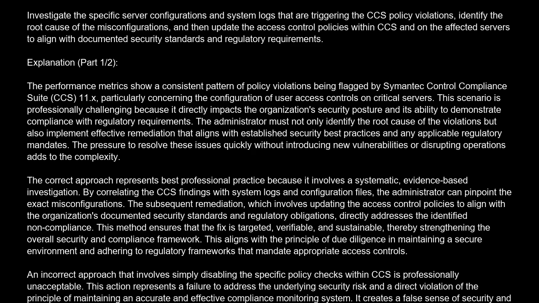This method ensures that the fix is targeted, verifiable, and sustainable, thereby strengthening the overall security and compliance framework. This aligns with the principle of due diligence in maintaining a secure environment and adhering to regulatory frameworks that mandate appropriate access controls.